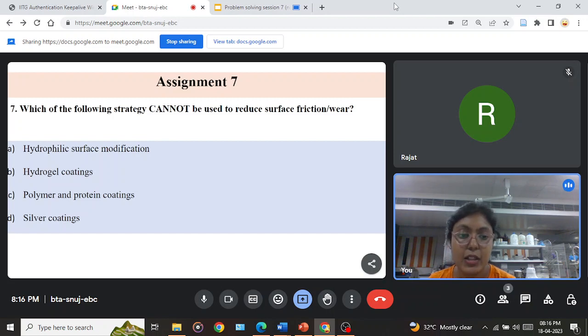Already just now we discussed option A, that is hydrophilic surface modification. If you think about the functions, what will happen if we coat each of these substances?